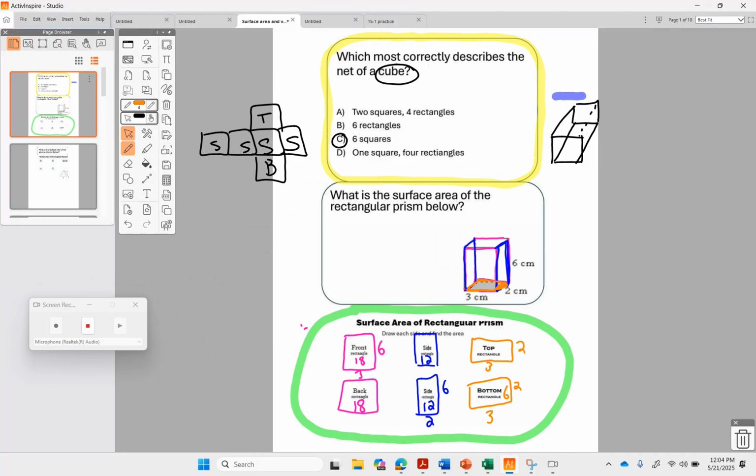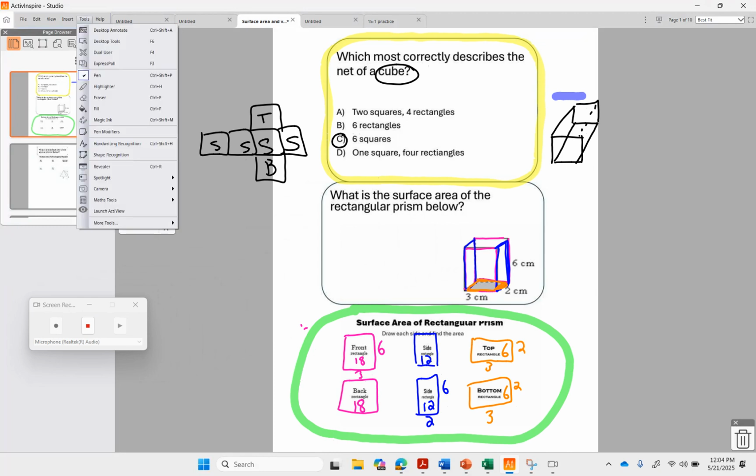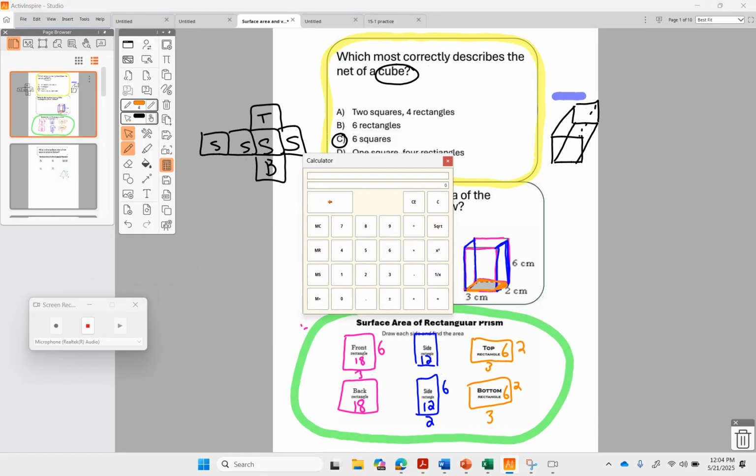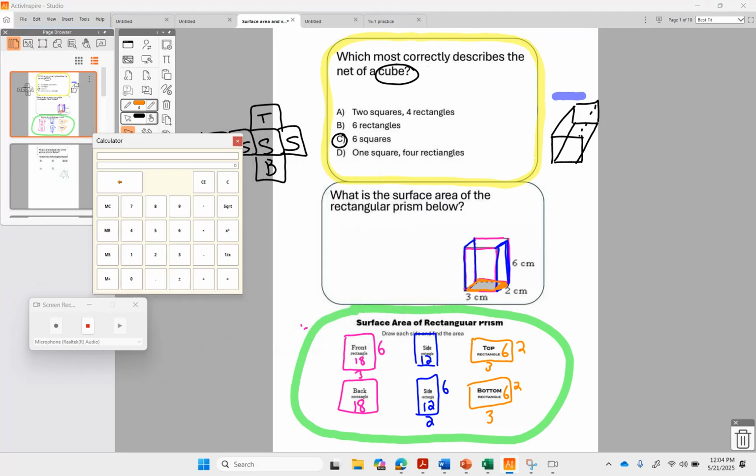Okay, so to get the total surface area, we're going to add all of these up. So I have a calculator here. I think I have a calculator. There it is. Okay, so I'm going to do 18 plus 18 plus 12 plus 12 plus 6 plus 6, and I'm going to get that the surface area is 72. Now the units matter.